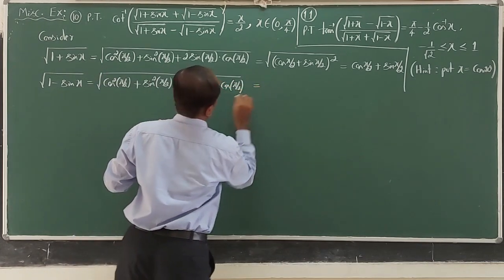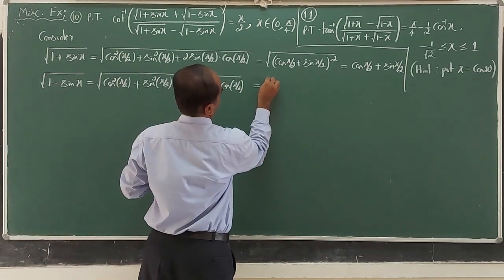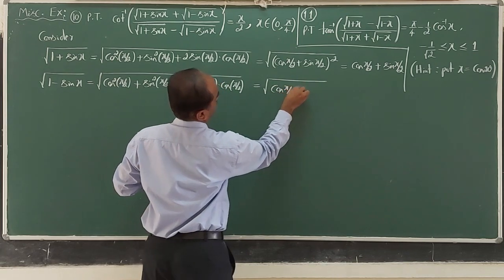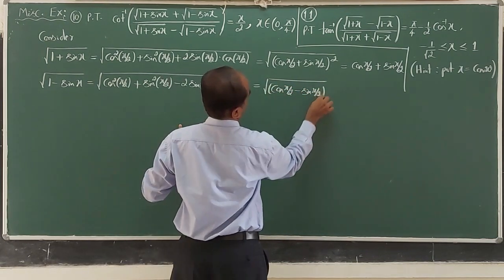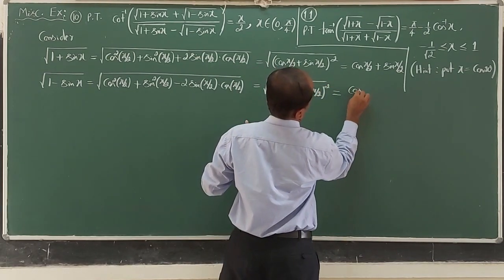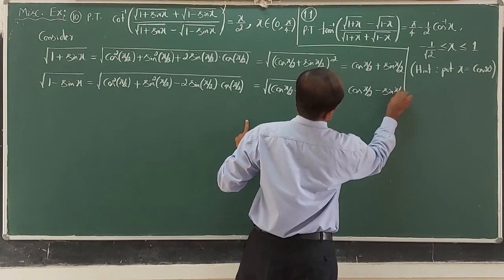So now it is of the format a square plus b square minus 2ab. It is a minus b whole square. So it is cos x by 2 minus sin x by 2 whole square. So we get cos x by 2 minus sin x by 2.